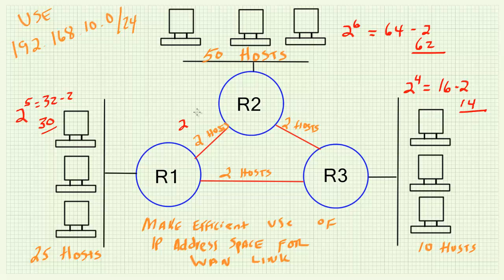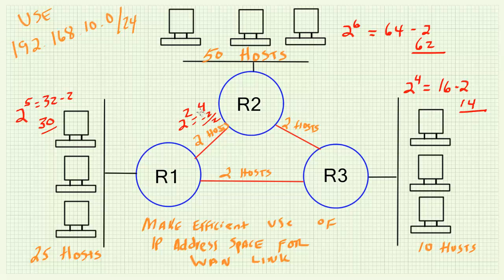If we raise 2 to the third power, we get 8 possible values. That's way too many. If we take 2 and raise it to the second power, that indicates that we're going to be using 2 bits for the host portion with these networks. So 2 to the second power is going to be equal to 4, and we have to subtract those 2 special cases, and that gives us the 2 host addresses that we need.